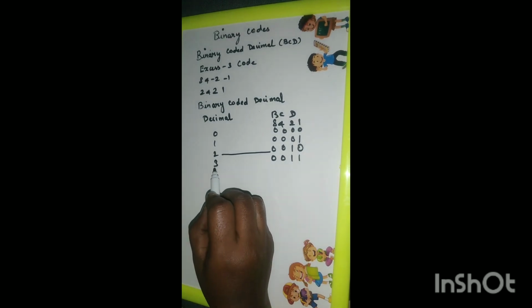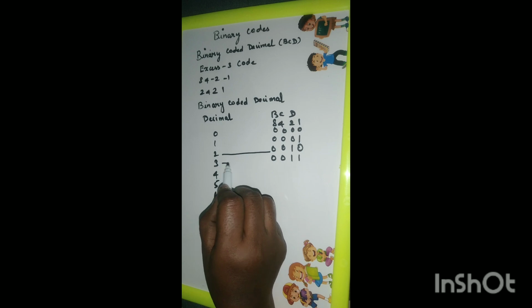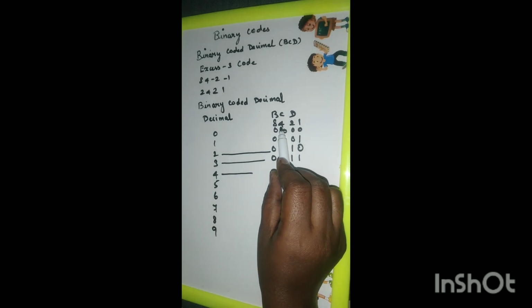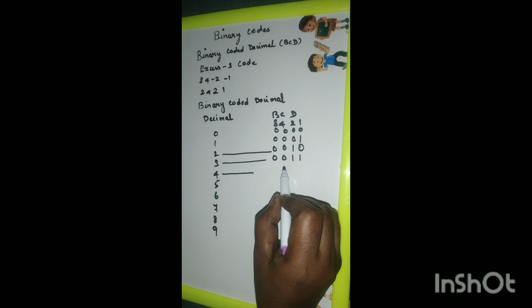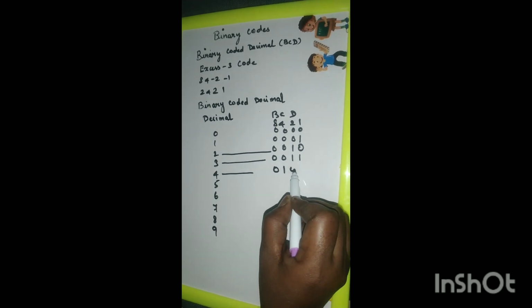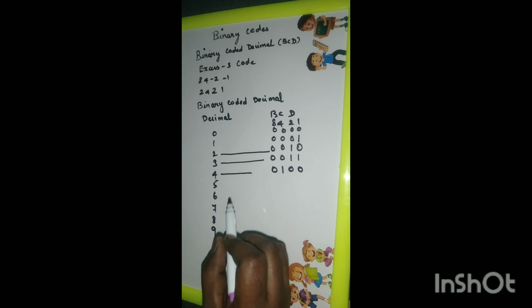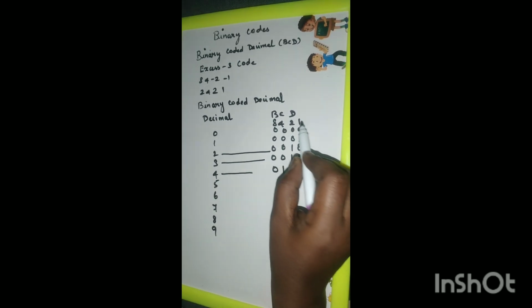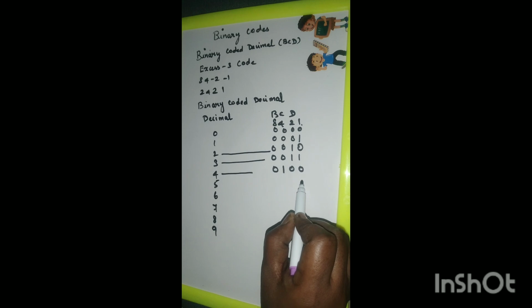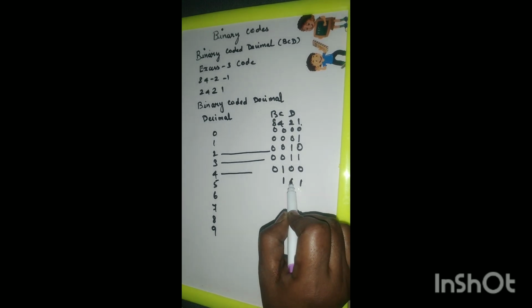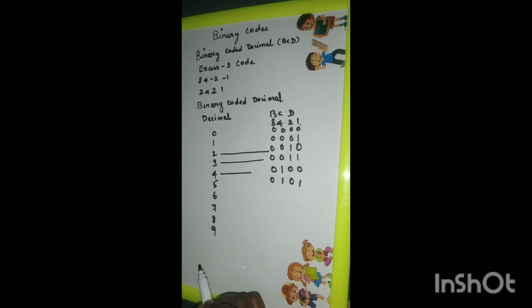For 4, it is already there, so we can put 1 for 4, and 0 for the others. The next is 5. 5 means 4 plus 1. So 1 for 4 and 1, and 0 for the other numbers.